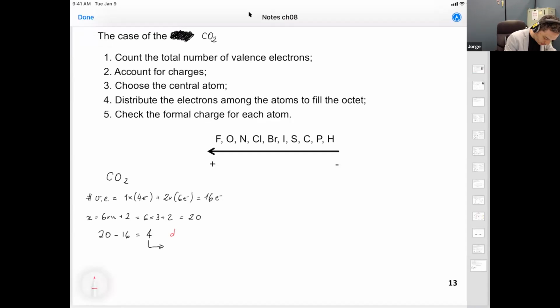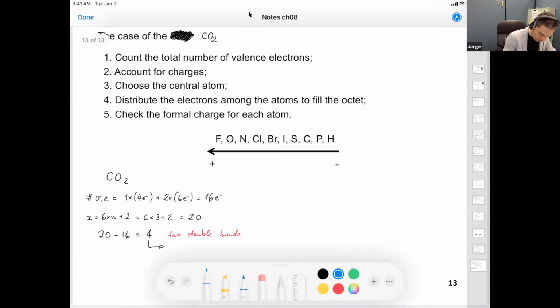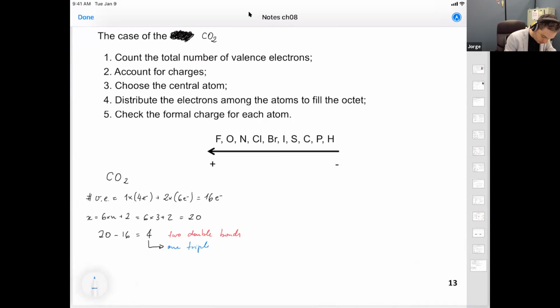Okay, when we have 4, according to Clark's rule, we may have two possible answers for this problem. Either two double bonds or one triple bond. So this is one case where Clark's rule will not give you a straight answer.